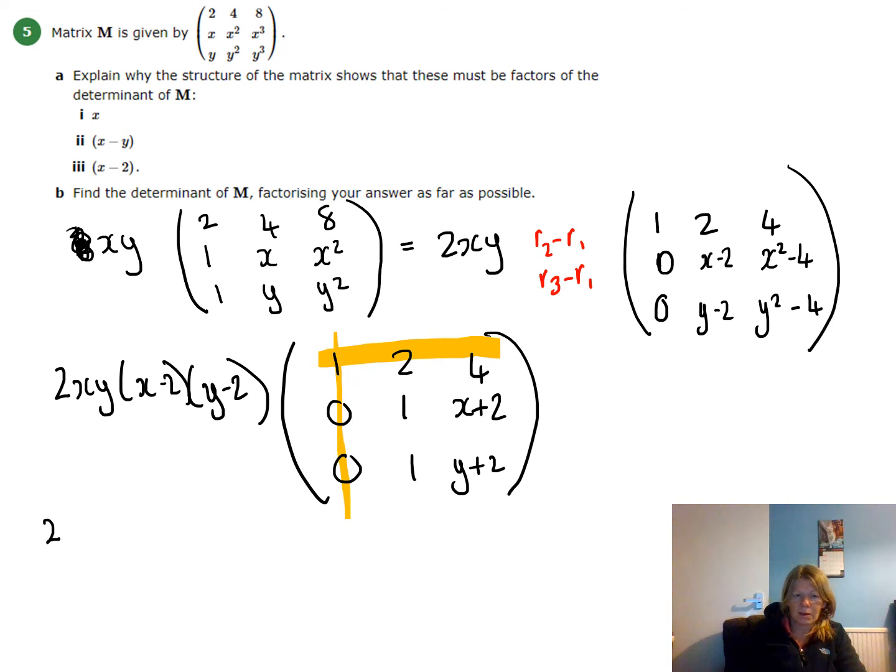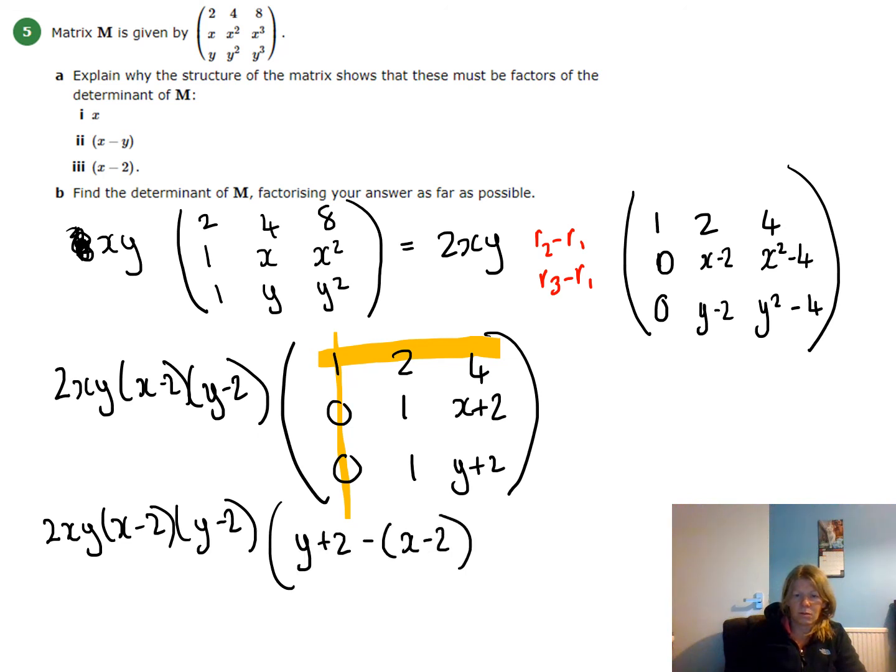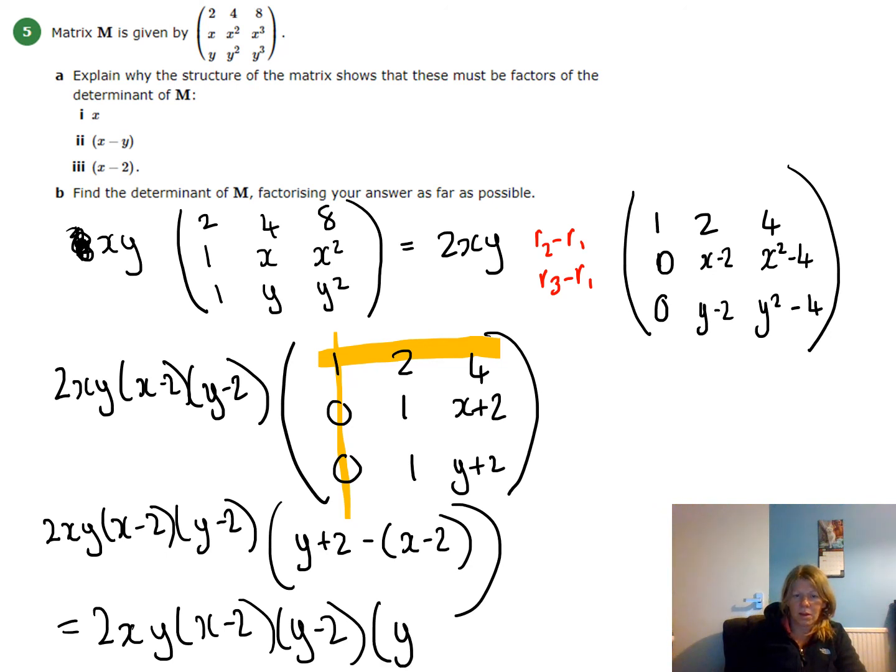So we've got 2xy, x take 2, y take 2, and I've got that times that. So that's y plus 2, take away x take 2. So we can see from this, we're going to get 2xy, x take 2, y take 2, and here we're going to get y take, that's a plus, that's what makes sense, isn't it?